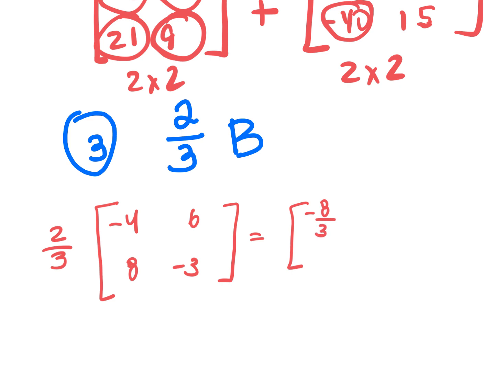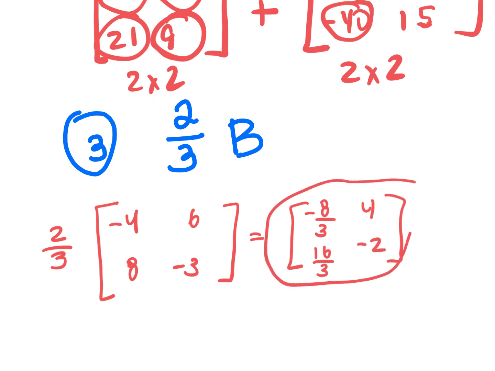Then I have 2/3 times 8, so 2 times 8 is 16 over 3, again doesn't simplify. Then I have 2 times 6 is 12 divided by 3, which simplifies to just 4. And then 2 times -3 is -6 divided by 3, which simplifies to -2. Remember, guys, always simplify.